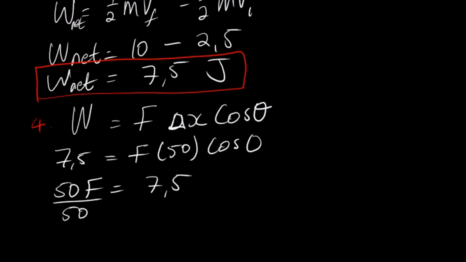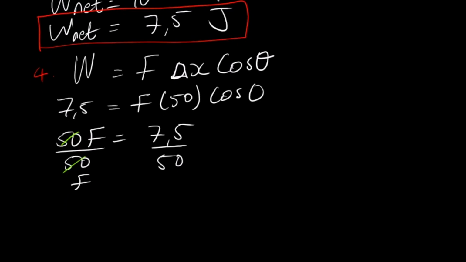We divide both sides by 50. This will result in 1 multiplied by F, it's F, and then 7.5 divided by 50. So our force is 0.15 newtons. This is number 4.